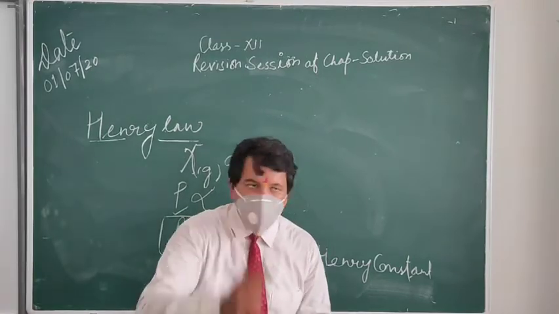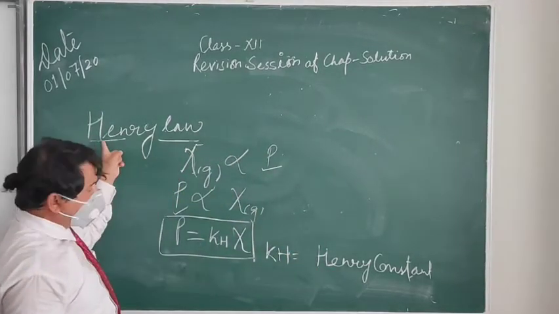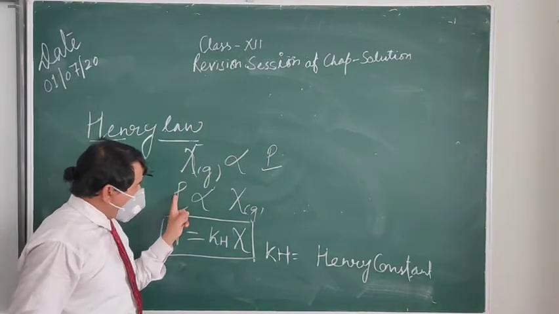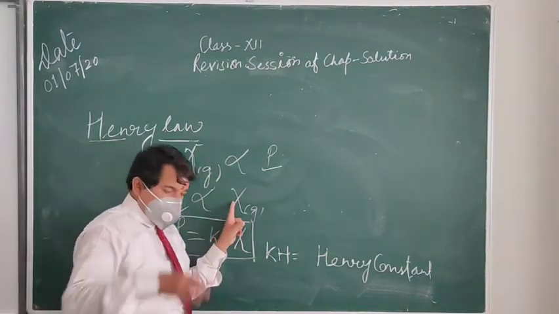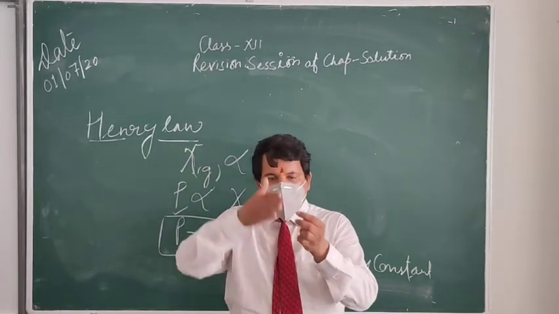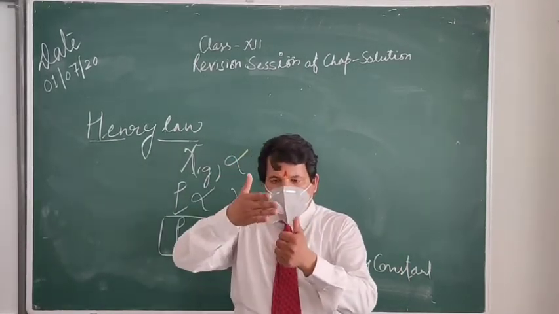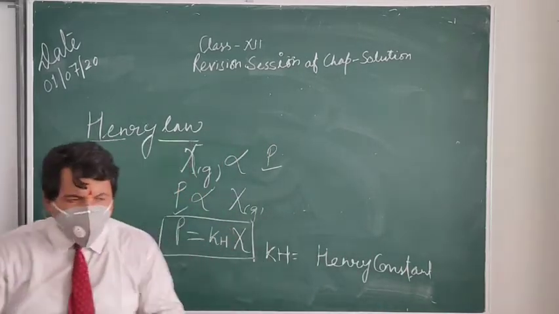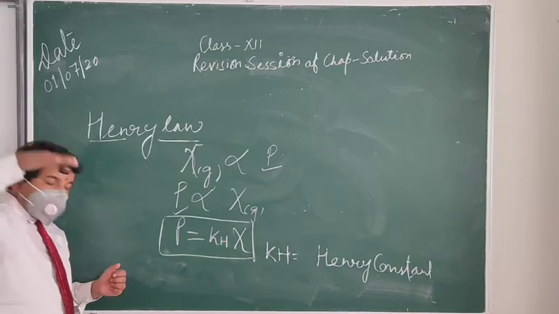Number one application, because pressure was there, Henry's law. Why is Henry's law applied? Because it says that the partial pressure is directly proportional to the mole fraction of gas. So when we dilute it with helium per volume, the extent of nitrogen will decrease, means other gases will also decrease, so that we can decrease the bends problem.